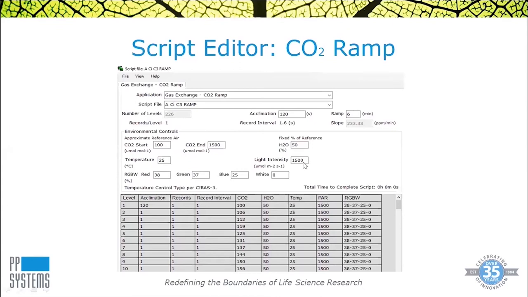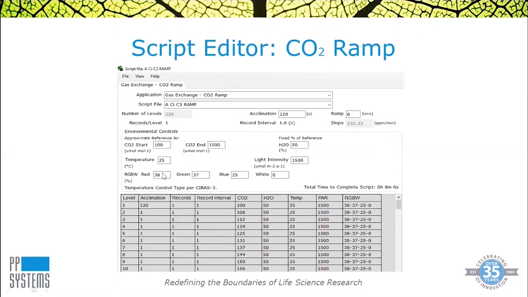We run these ACi curves at high light intensity because the model can predict downward what it would be at a lower light intensity, but you can't predict what it would be at higher light unless you've already measured it there. So in general, we always run these at a very high light intensity, unless for a very specific purpose.